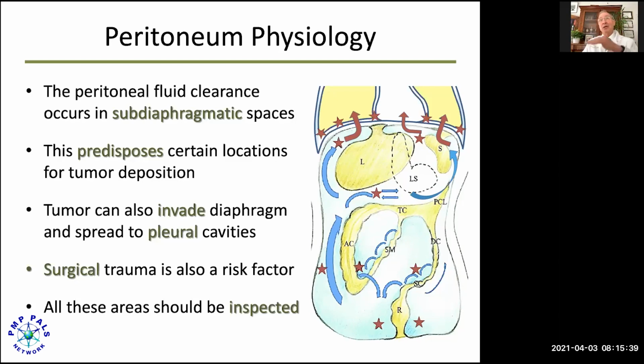Otherwise, there is a time where the tumor actually invades through, especially the low-grade tumors that have been there for a long time. Eventually, they work their way through the diaphragm just by increasing the pressure.